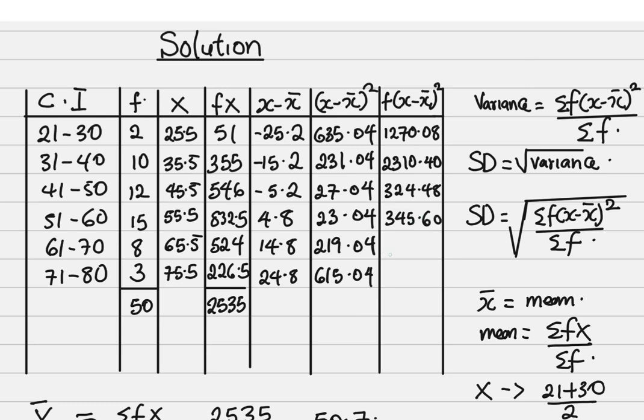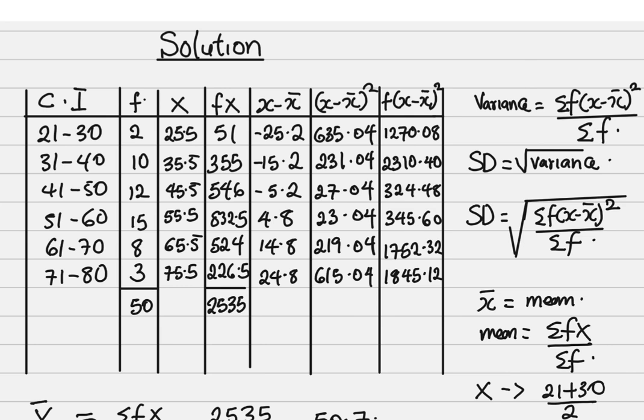Then we have 8 times 219.04. It will be 1752.32. Good. Then the last one, which is 3 times 615.04, we are going to have 1845.12.